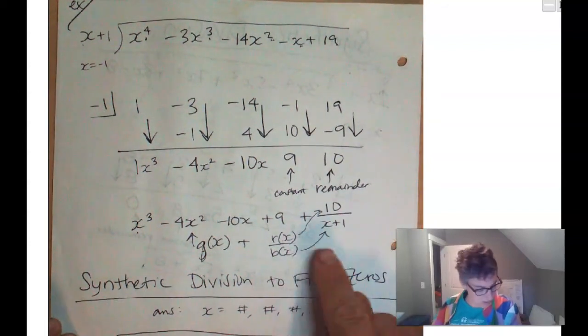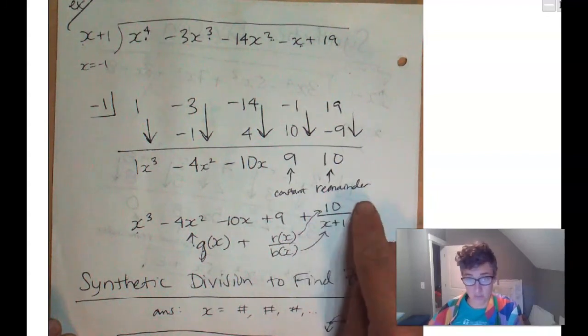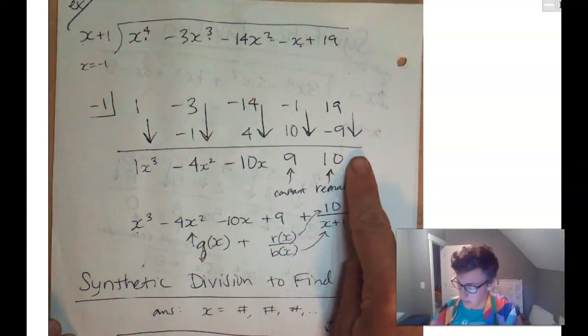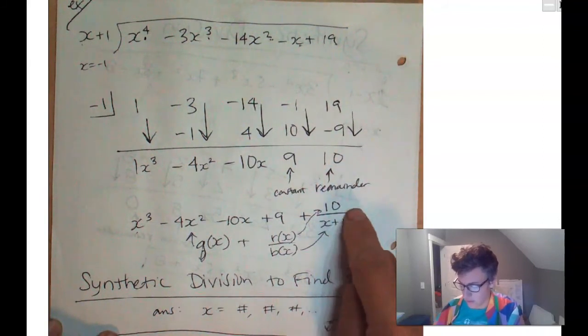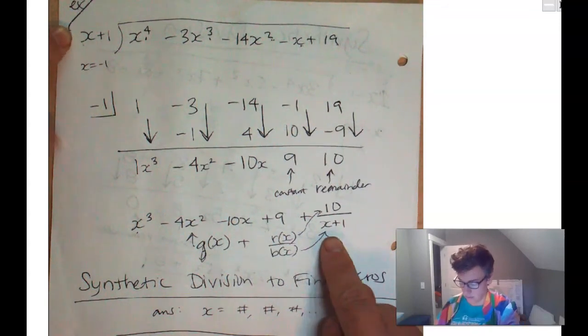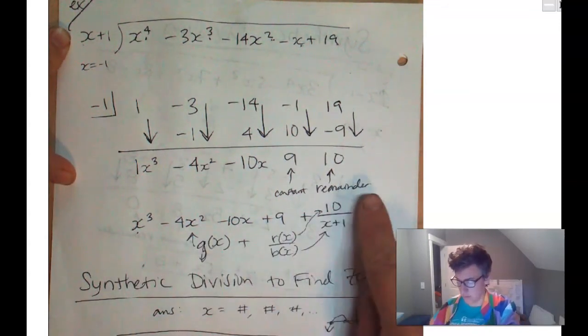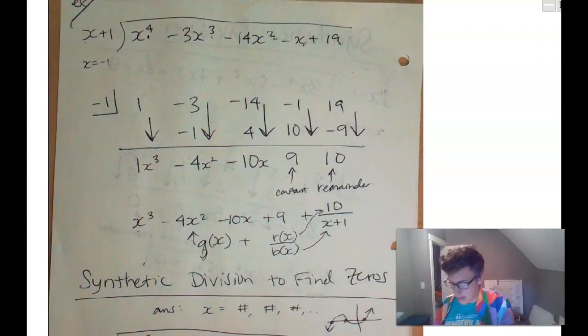Let me back up real quick. We have places where we'll have remainders, right? So we don't always have a remainder of 0. When we don't have a remainder of 0, we have to put the remainder over the thing we were dividing by. So we have some answer, our quotient, plus the remainder over our original divisor. Got it? And then we can use synthetic division to find zeros.